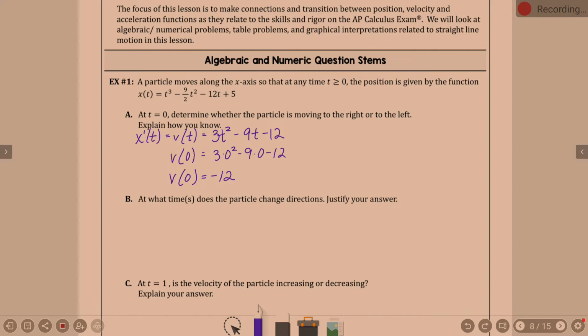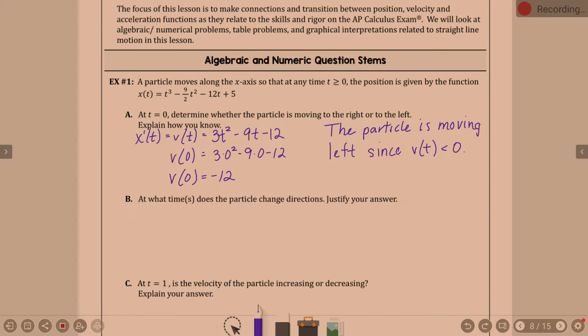The particle is moving left because the velocity is negative, right? The particle is moving left, since I can say v of t is less than 0 if you want.